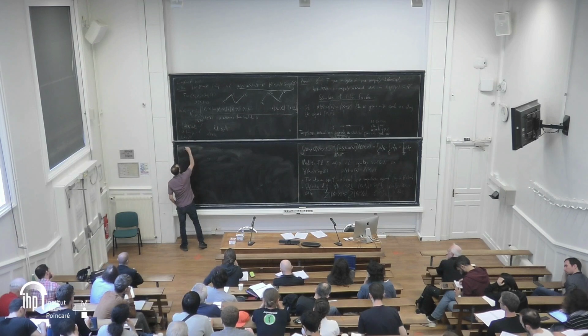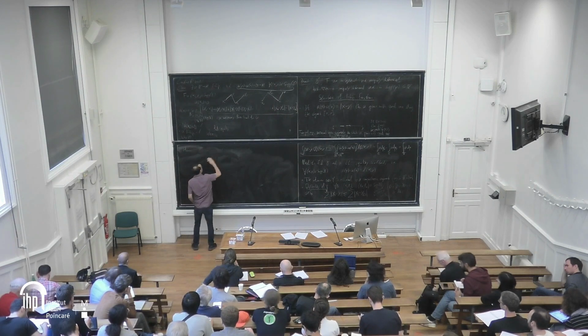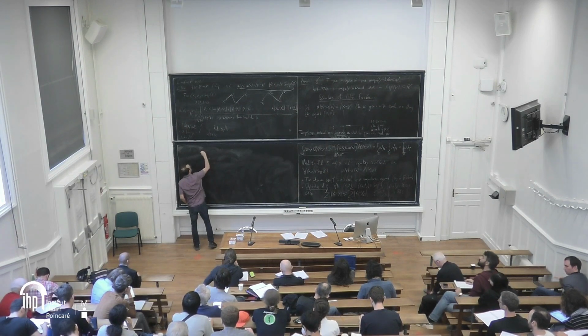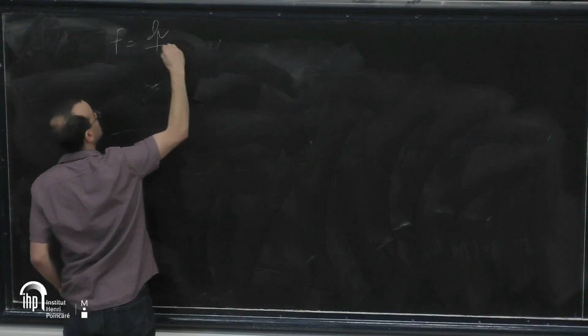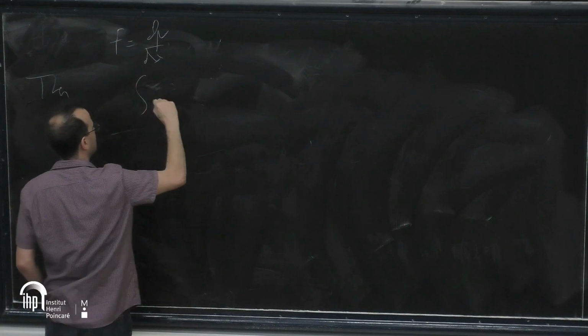Recall that f is d mu over d lambda. Then the integral of f d lambda is 0.